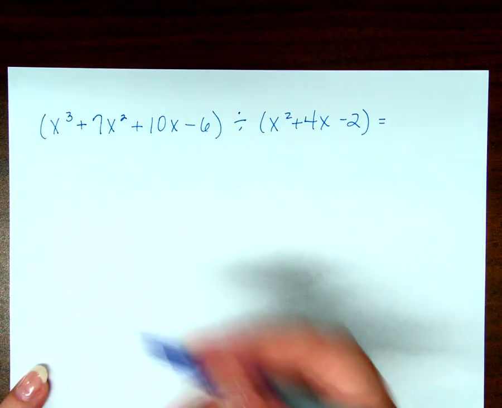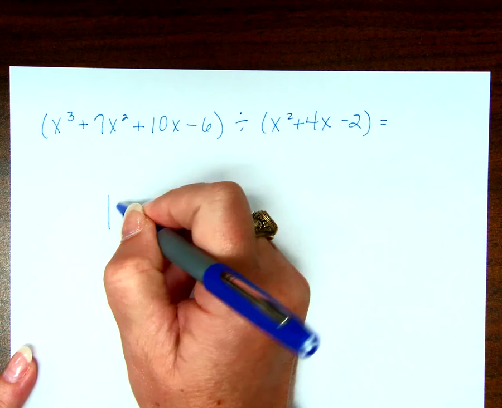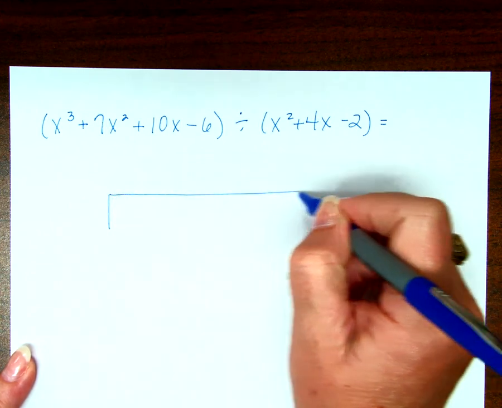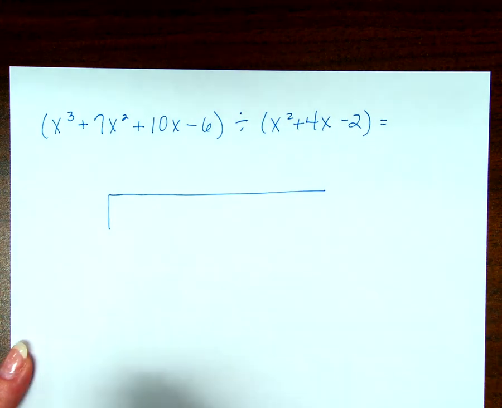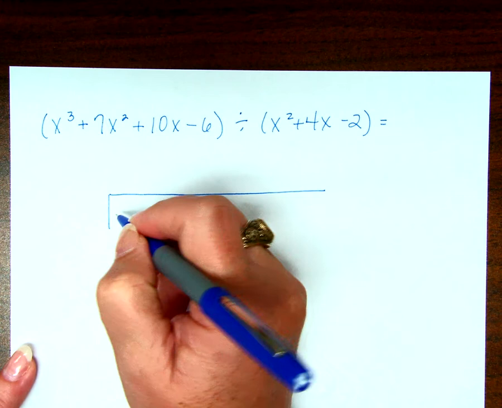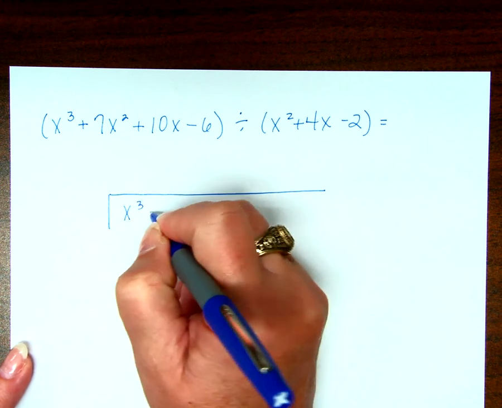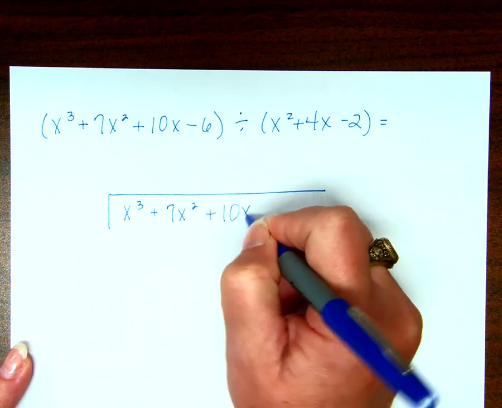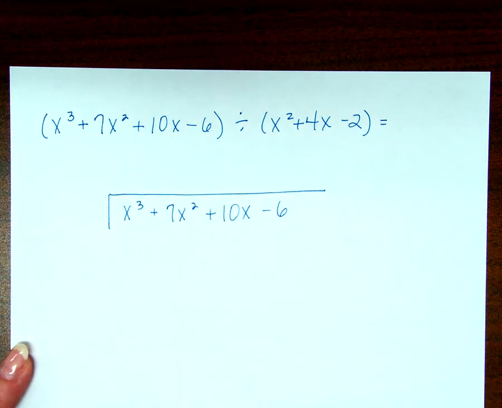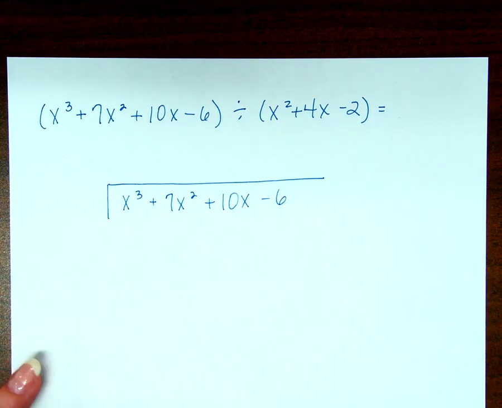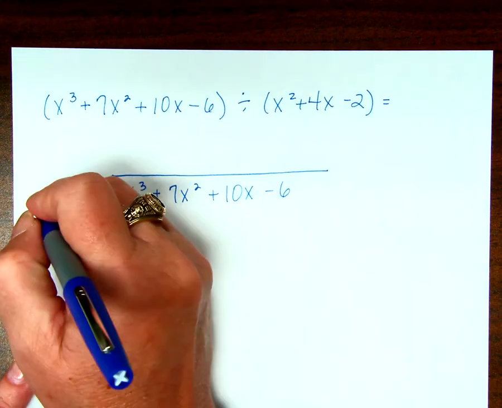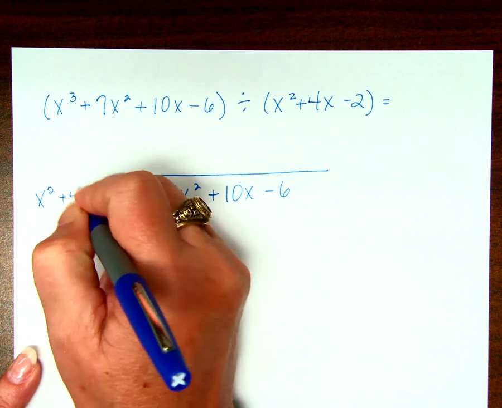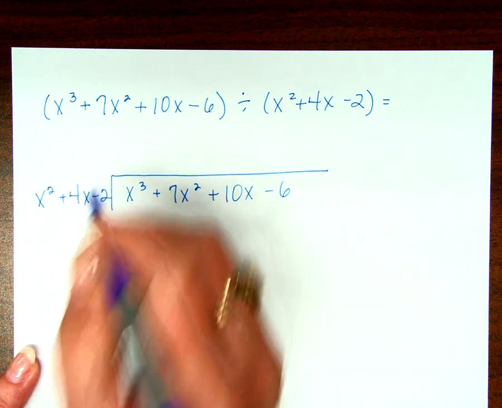All right, what goes where? Okay, inside, x cubed plus 7x squared plus 10x minus 6. Okay, x squared plus 4x minus 2.